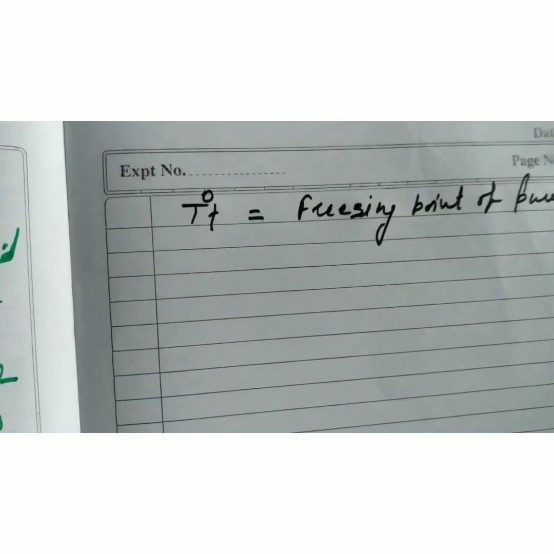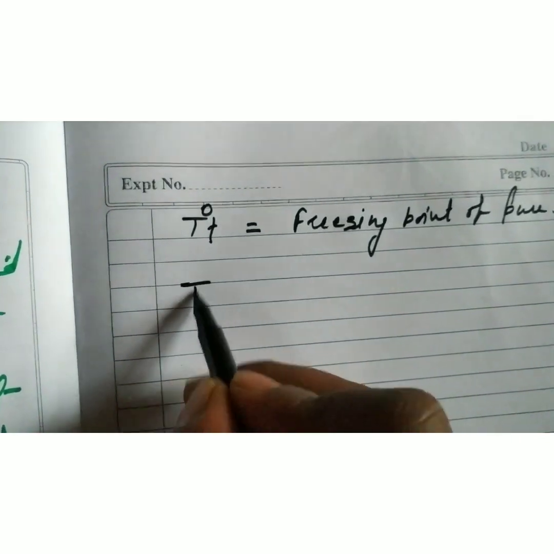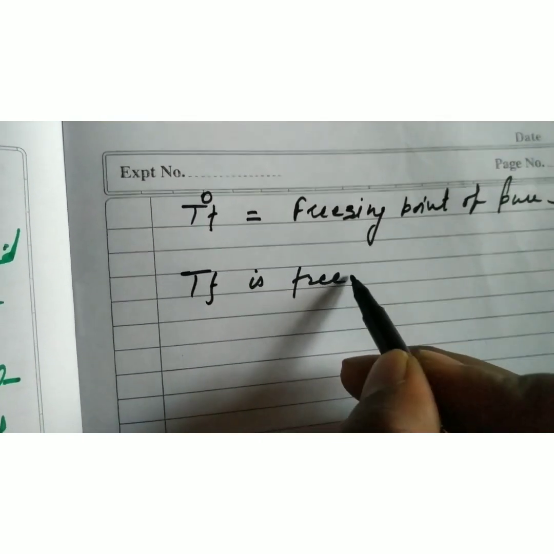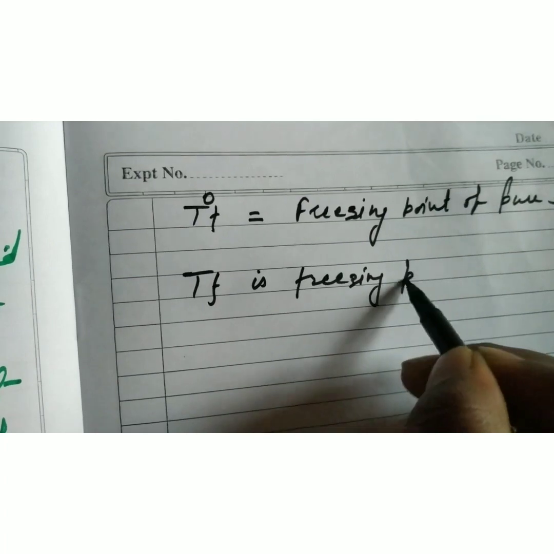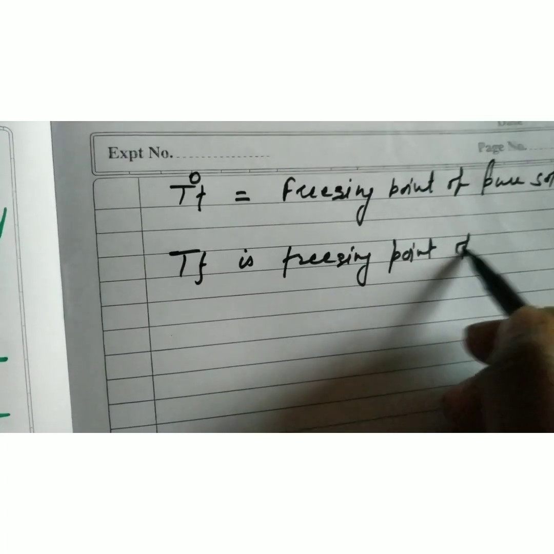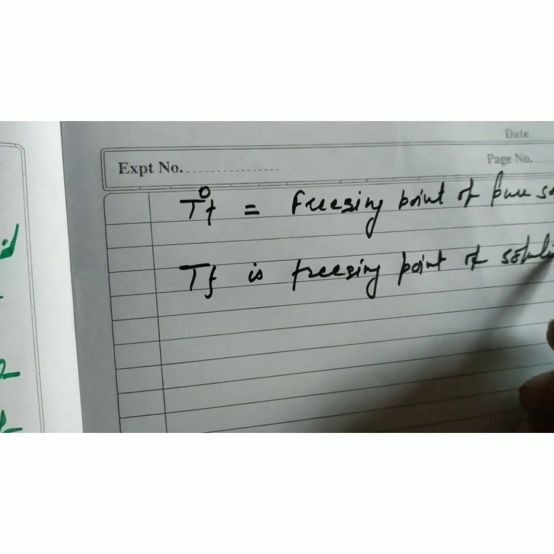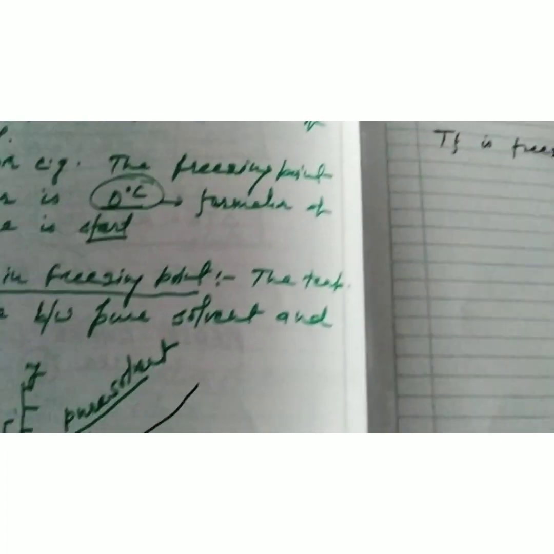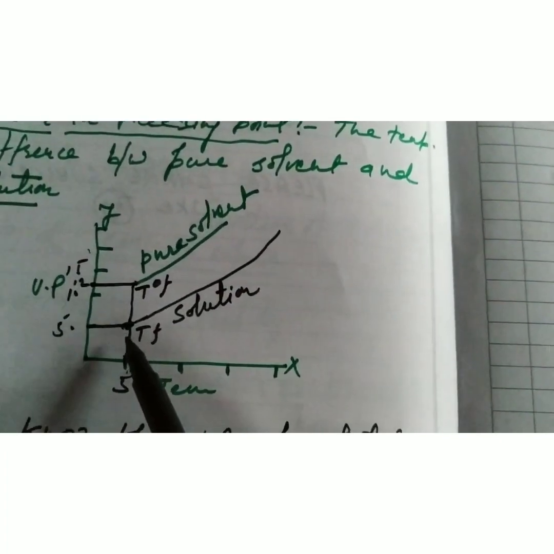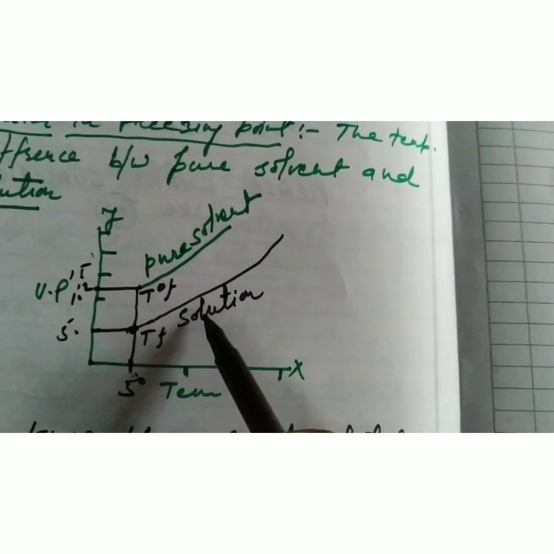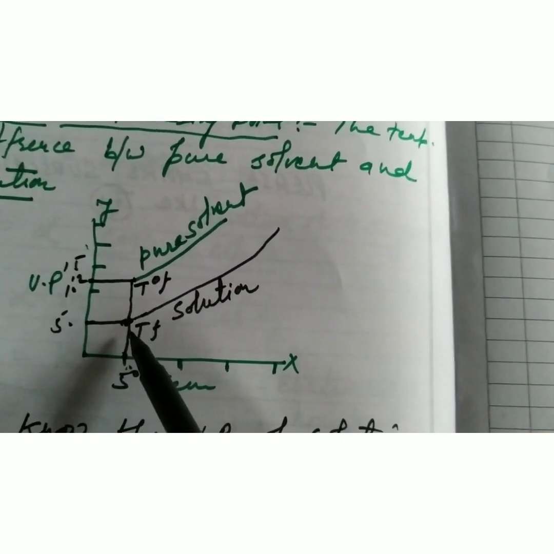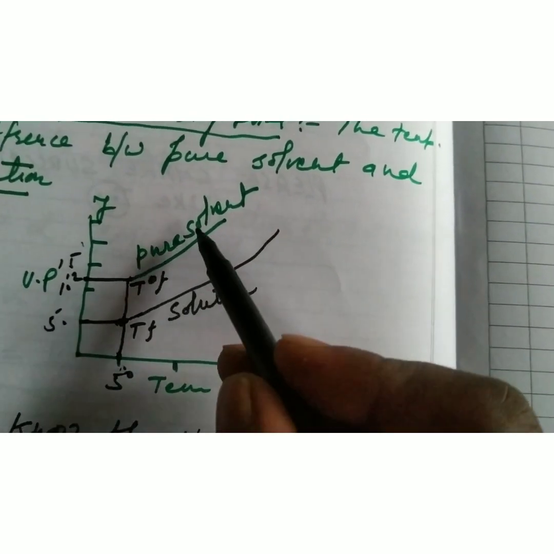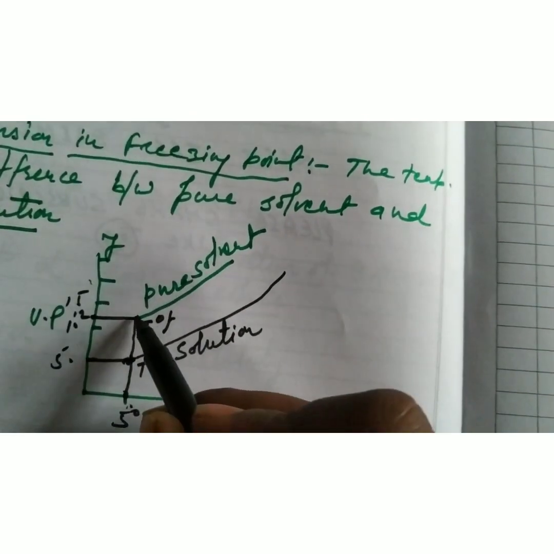Coming to the graph, this is TF, the freezing temperature of solution, while this is T naught F, the freezing point of pure solvent. This is the difference.